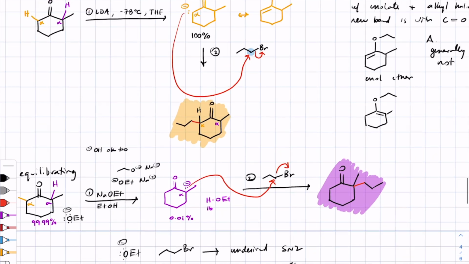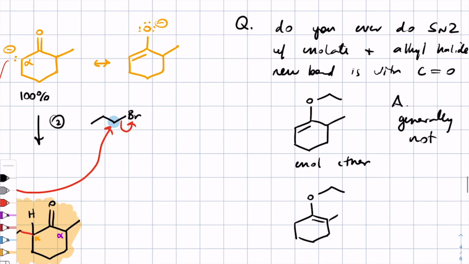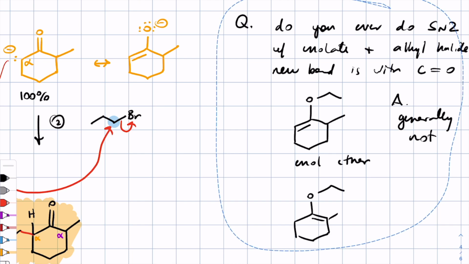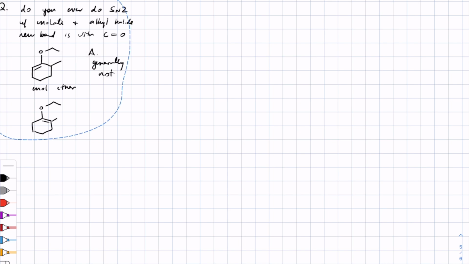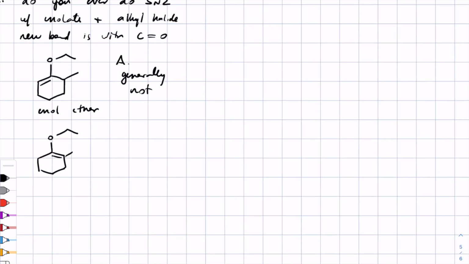I guess maybe it's worth backing up just a little bit and trying to give you some more background on why we don't form those enol ethers. And it has to do with MO theory, so your eyes can glaze over and that's all right.